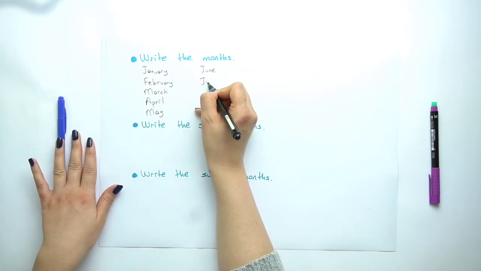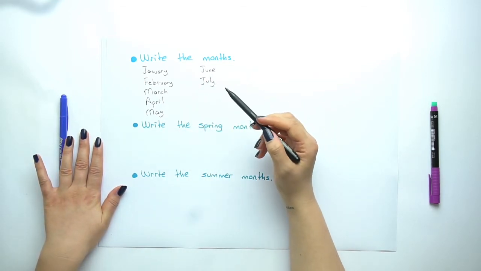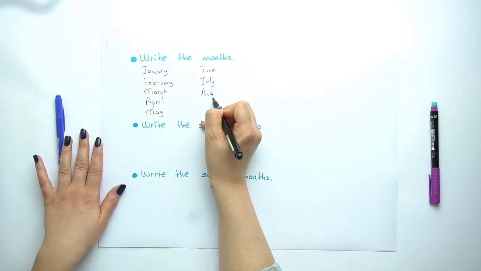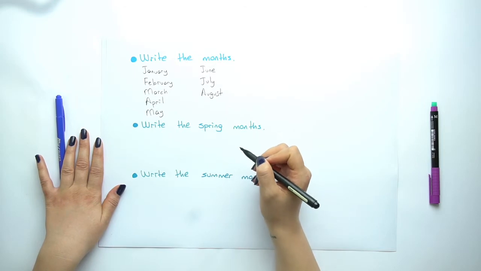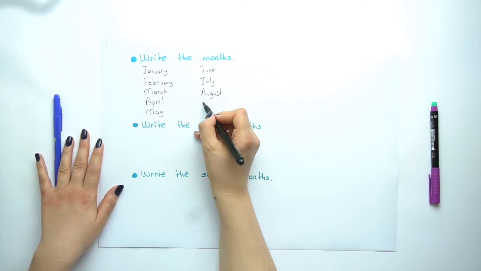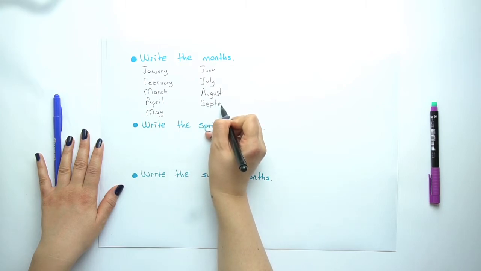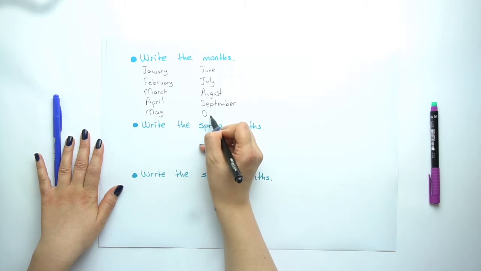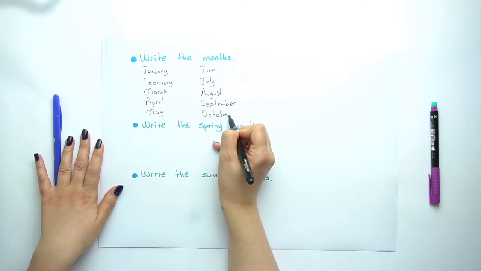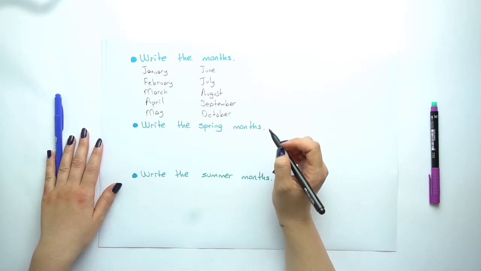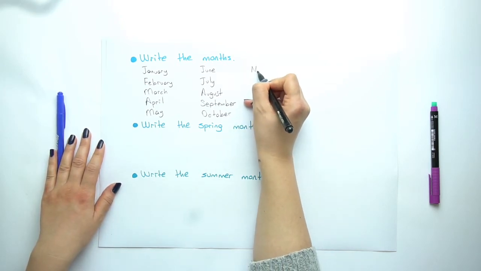It's July. What comes after July? We have August. And what is the next one? What comes after August? We have September. After September, we have October. And what comes next after October? We have November.